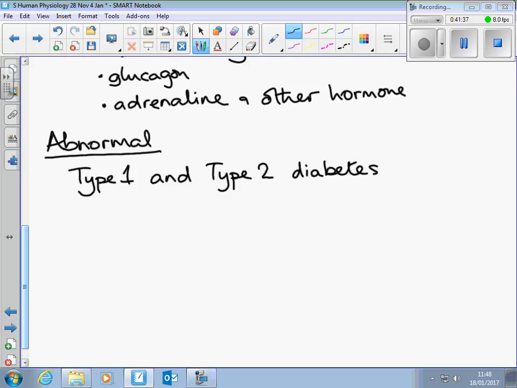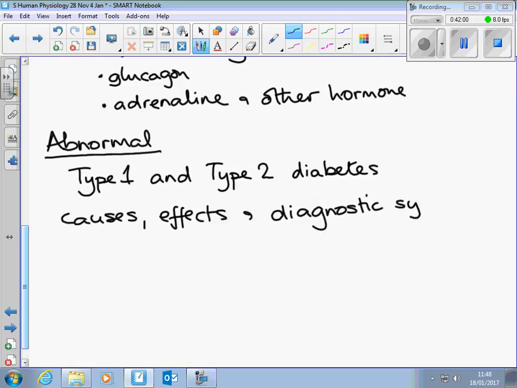All right, possible causes, effects, you know, what's actually happening if you don't get any insulin produced, and the diagnostic symptoms that you'd have. It could be things like raging thirst, lots of urine production, loss of weight, and then long-term risks as well.